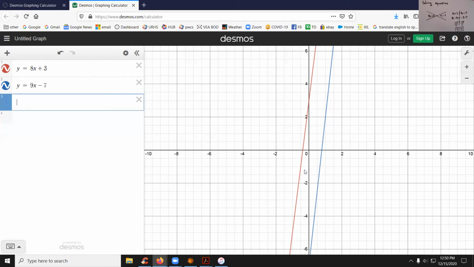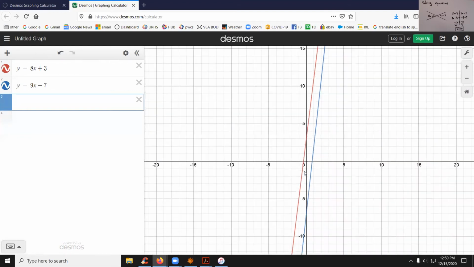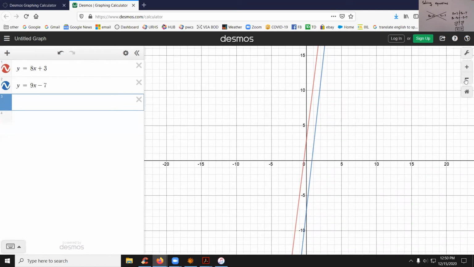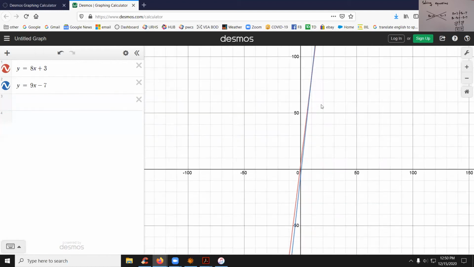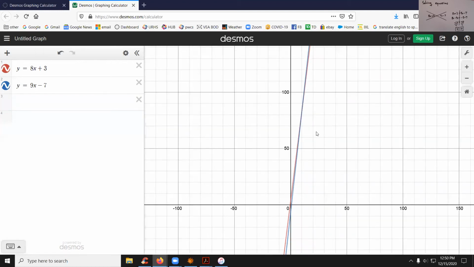You're probably going to have to zoom out, which you can do with these plus or minus buttons on the right. Now you can see that they cross each other, and we come up with this point, 10, 83. You want the x value, and that is 10. So it solved the problem for you.